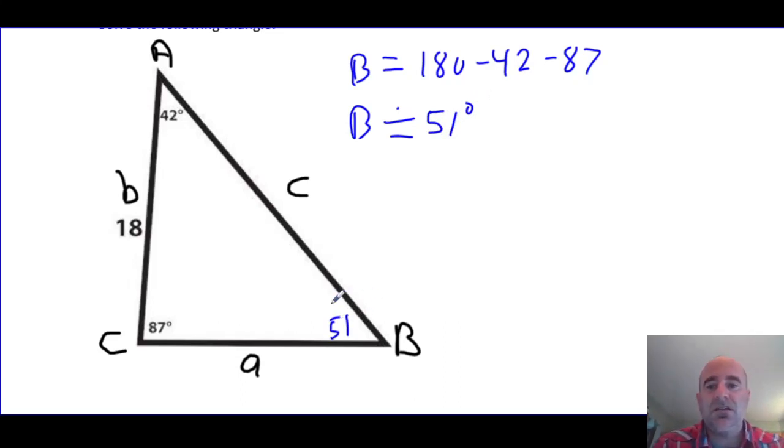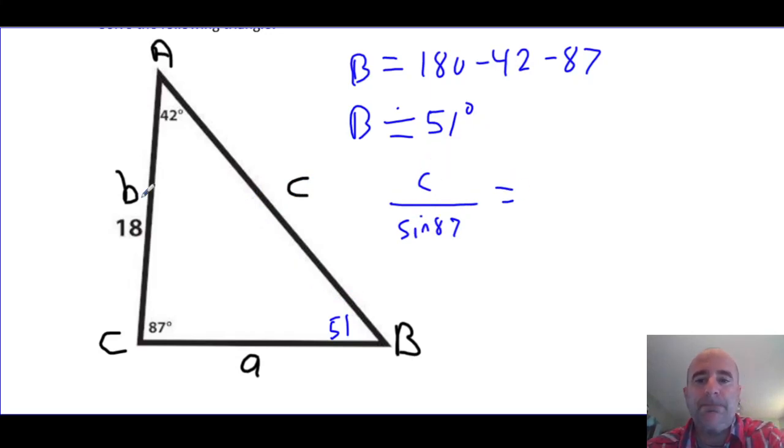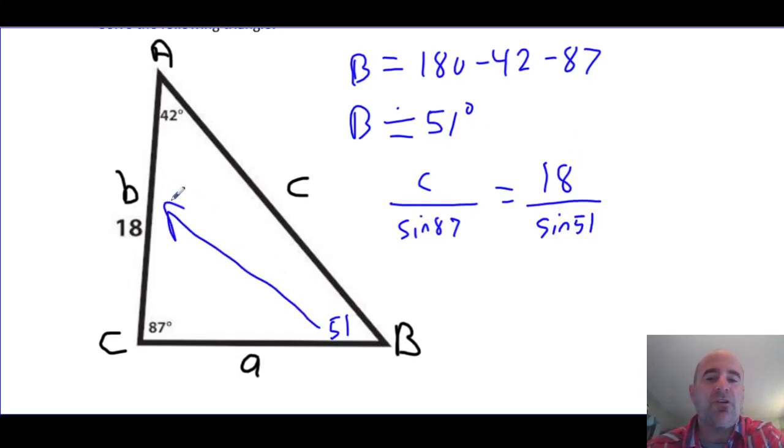Let's solve for side C. So C over sine 87 will equal B over sine B, which in this case is 18 over sine 51. If you're still having trouble with the sine law, just remember you're looking for the across pattern, with the side.